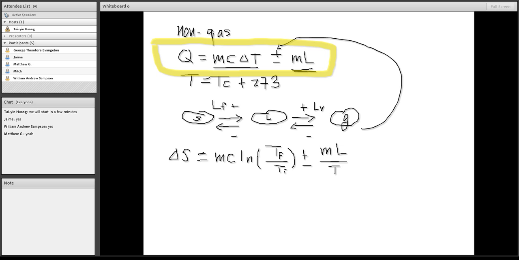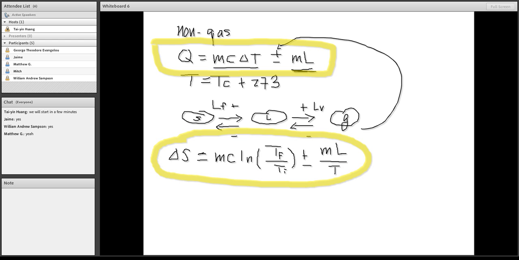Now in this equation, you want to make sure that the temperatures are definitely in Kelvin. You cannot use the temperature in Celsius; if you do, you'll get wrong answers. So you have to remember to convert temperature to Kelvin, and then use this equation to calculate the entropy change when there's either a temperature change or a phase change.